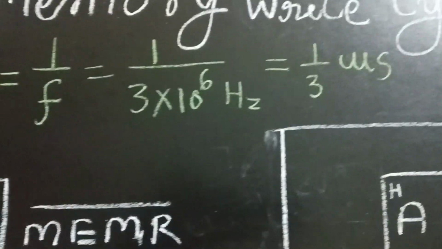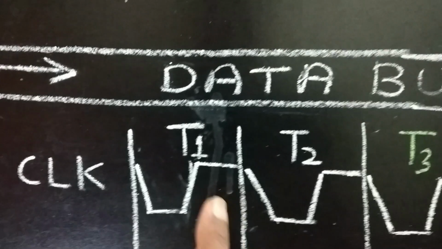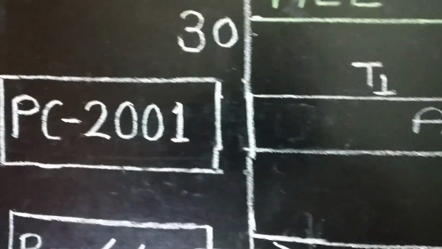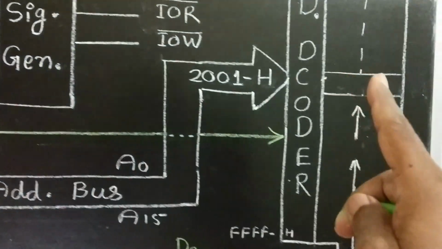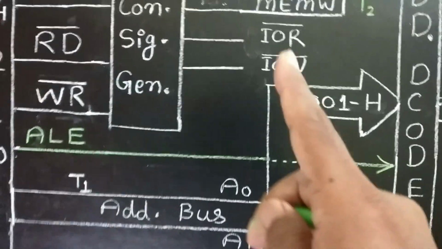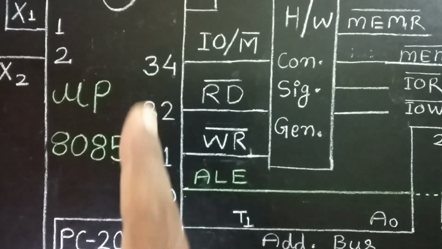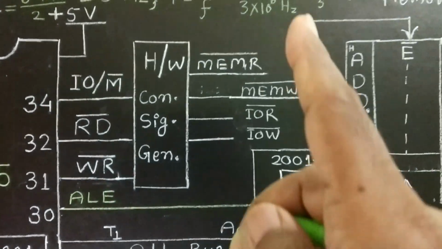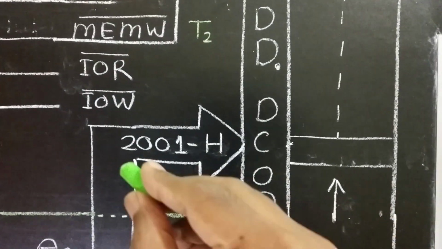So each activity is carried out in 1 by 3 microsecond. At T1 time, within 1 by 3 microsecond, the PC will load the address to the address bus pointing out a particular location. During the next 1 by 3 microsecond, the microprocessor will activate pin numbers 34 and 32, and from here the control signal memory write is generated, which is enabling memory location 2001.